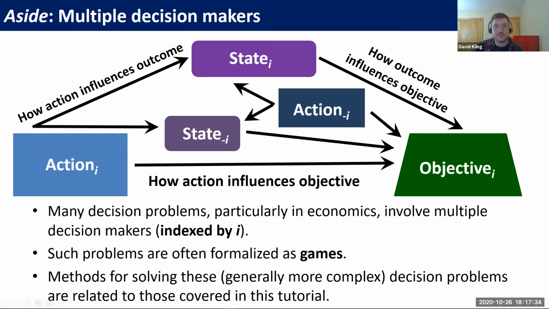And so here I've tried to do my best to elaborate on that basic structured decision problem framework, this time indexing actions and state variables and objectives by I. I here is a particular decision maker. So some people brought up, let's see, invasive species management. That's definitely a context where there may be multiple decision makers, and understanding their choices is important for predicting the dynamics of the system.